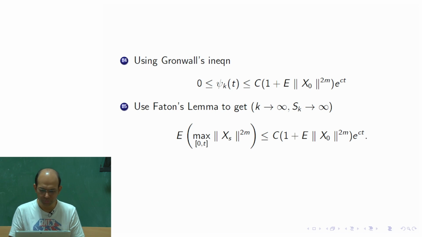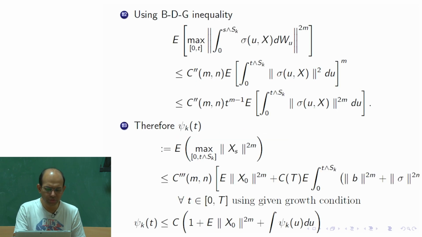And now psi k is this thing, correct. If I now take k tends to infinity here, I have to justify why that limit can go inside the expectation. Since this is a non-negative random variable, I can use Fatou's lemma.